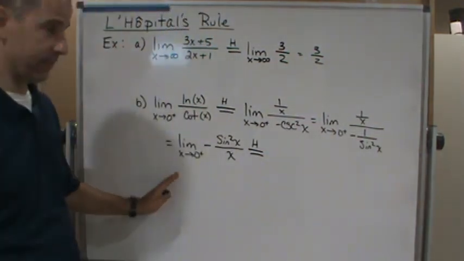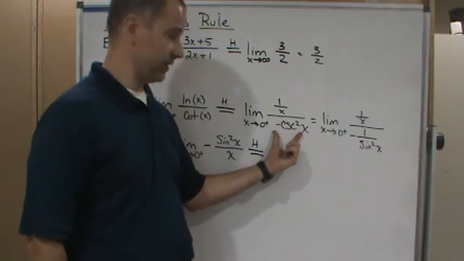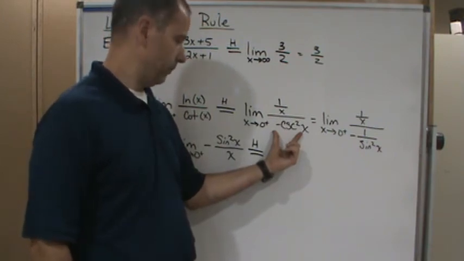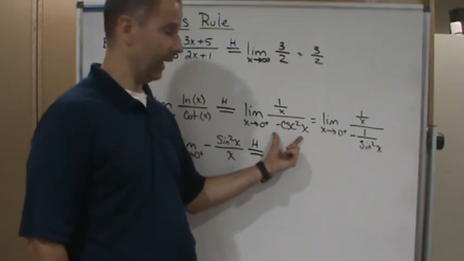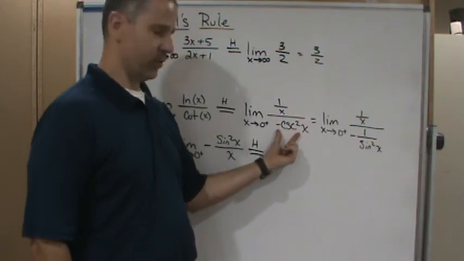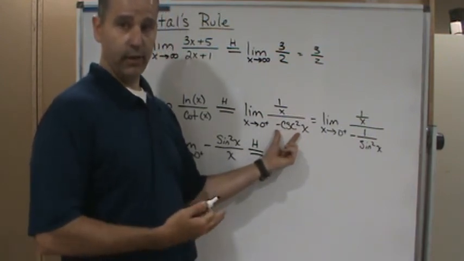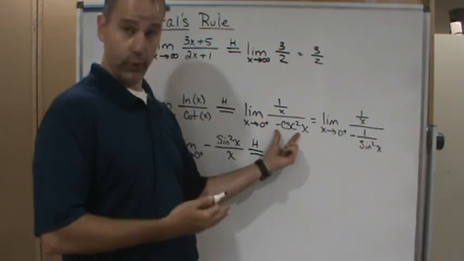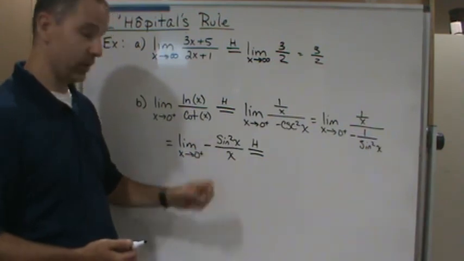So sometimes you have to manipulate things because I wouldn't want to take the derivative of this thing again, the way it is. Okay? So if you see something like this and it's like, ooh, what's the derivative of secant squared? I wouldn't want to do that unless you know how to derive that, or if you know that off the top of your head. So just rewrite things until you get something that you can use.